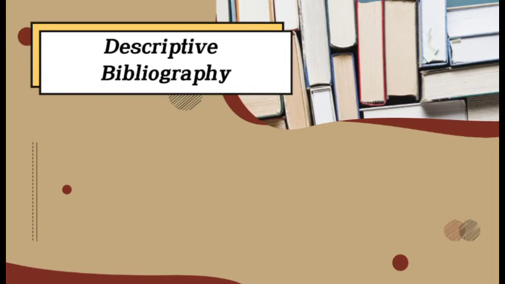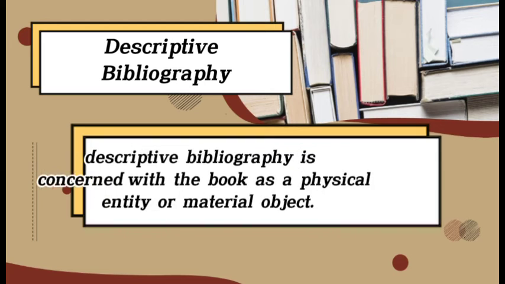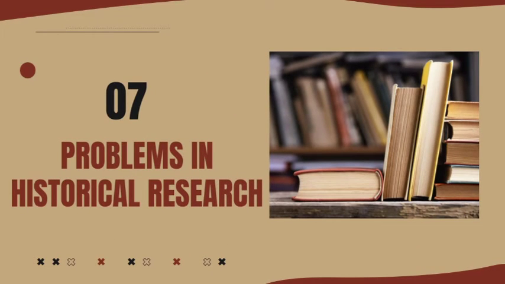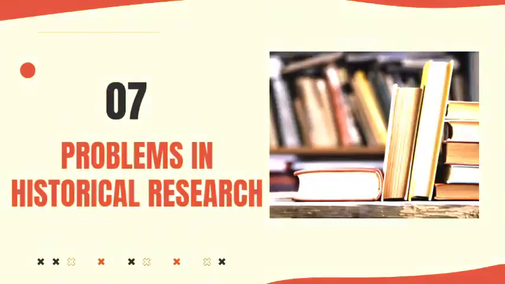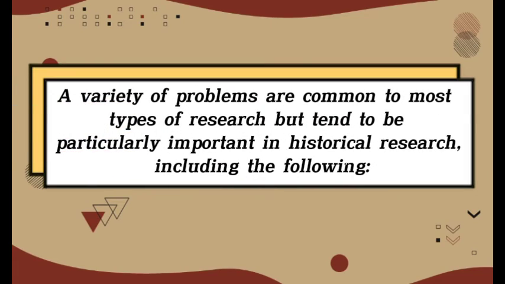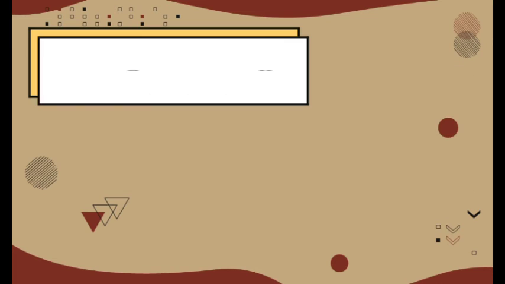Descriptive bibliography. In contrast to systematic bibliography, descriptive bibliography is concerned with the book as a physical entity or material object. Problems in historical research. A variety of problems are common to most types of research but tend to be particularly important in historical research, including the following. 1.